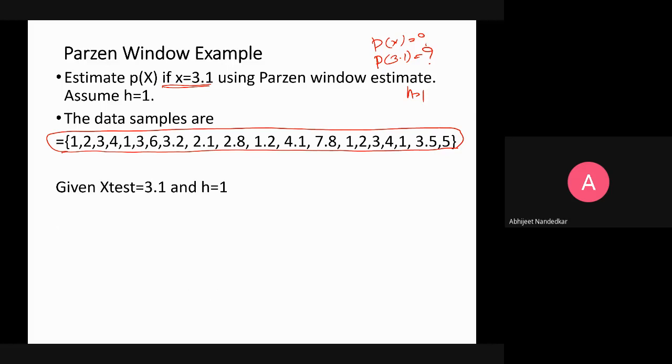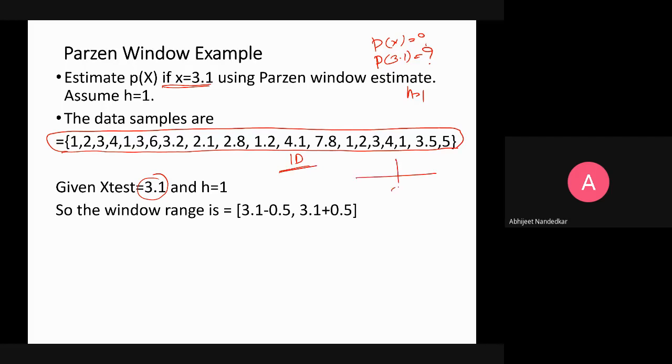Only data is with you. Now what we do, given this, is first of all find out the window range. H is given to us, so we take the width equal to 1. As we are centering things around 3.1, and this is 1D data, we go 0.5 on this side and 0.5 on this side, so that the total width is 1.